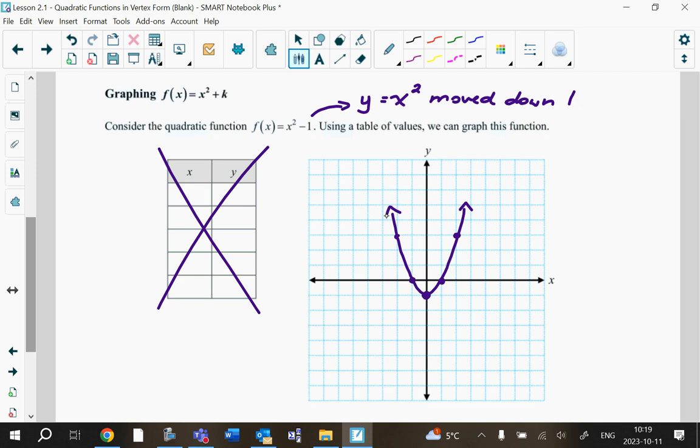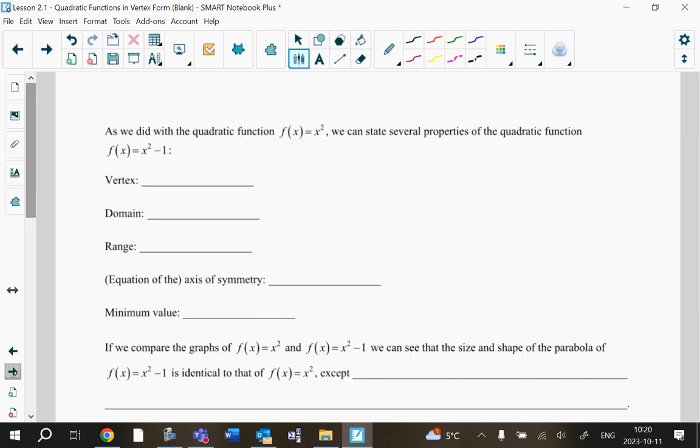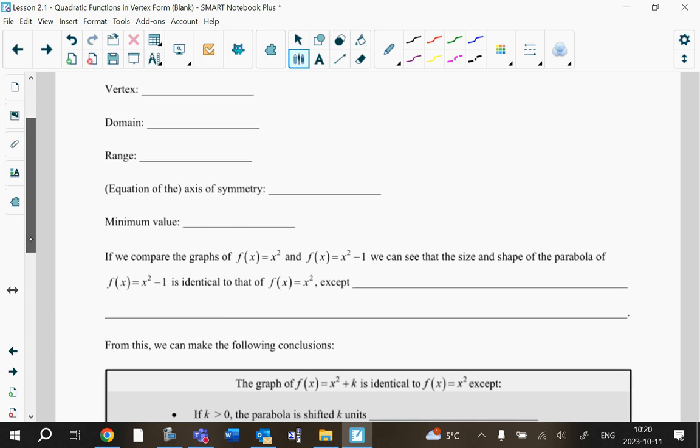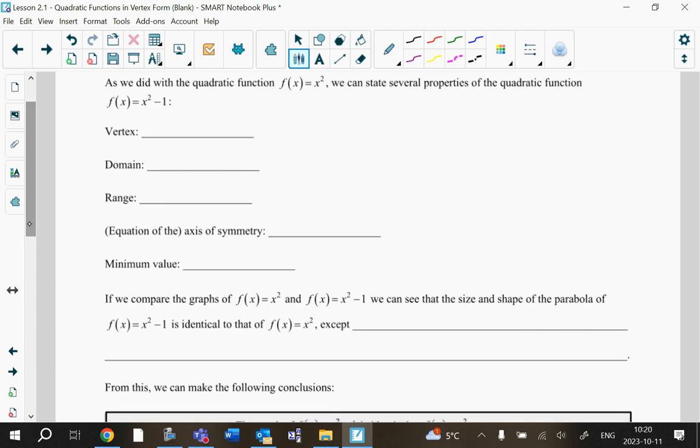Just to sort of review the properties. Let's see if we can get all these properties. So x squared minus 1, the one that we just did on the previous page. What's the vertex? 0, negative 1. What's the domain, left to right?